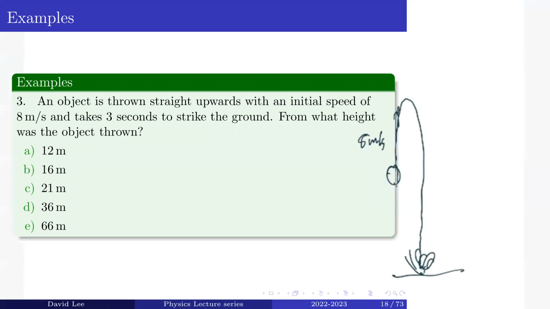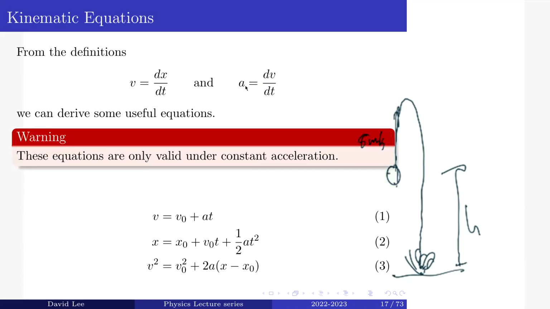So we want to find this height. And how will we do that? Well, we can use one of our kinematic equations from the previous slide. Which equation do you think would be the most helpful?